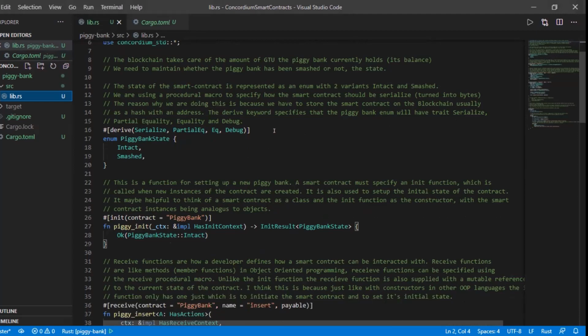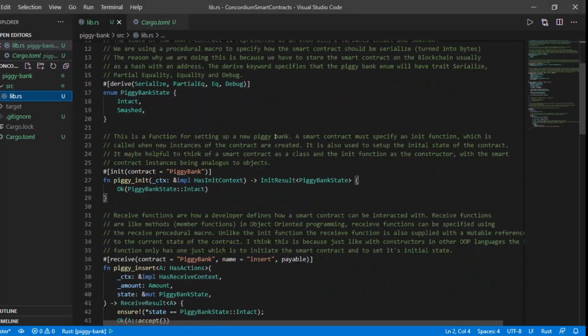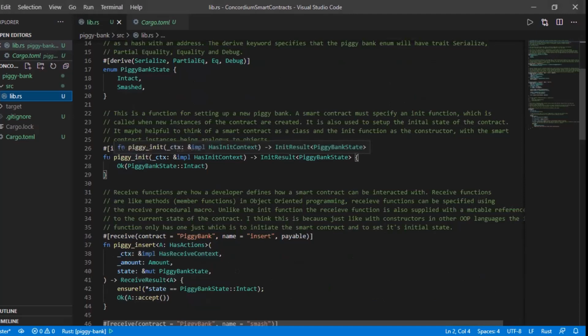Once we've declared what state a piggy bank can be in, it can either be intact or it can be smashed. We then need to create a function that generates a piggy bank, that initializes a piggy bank. And for that, we use a special type of function called an init function. This is a declaration of an init function.